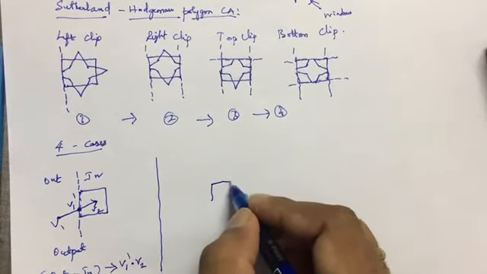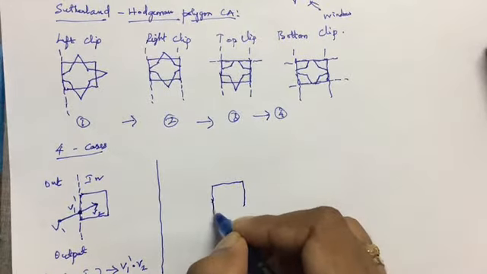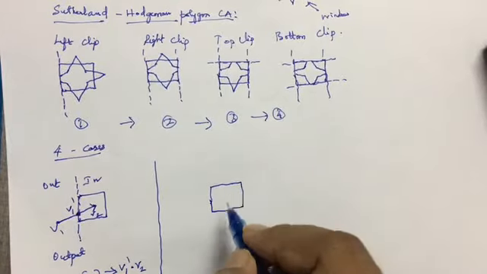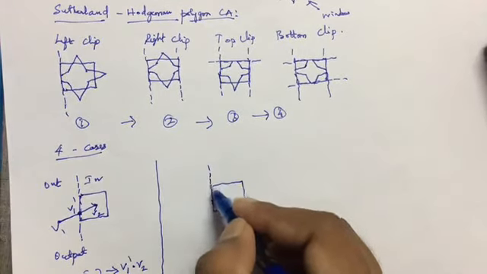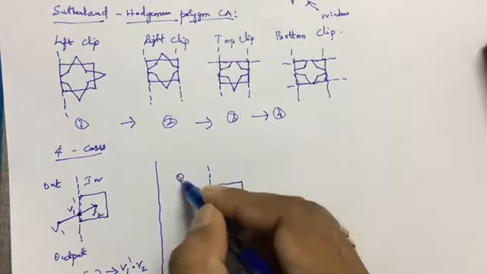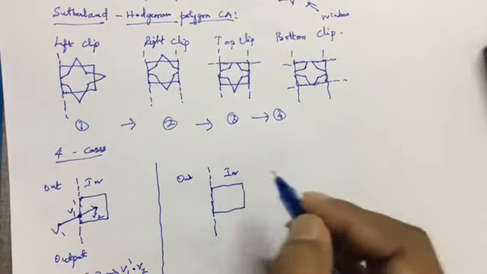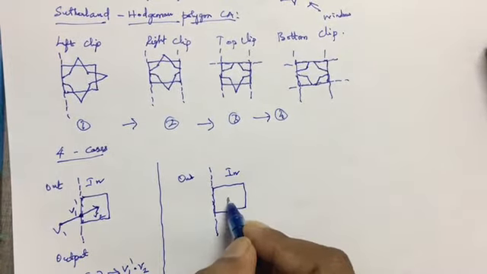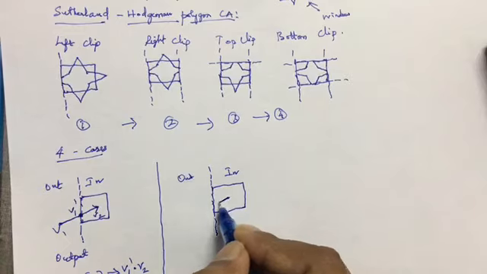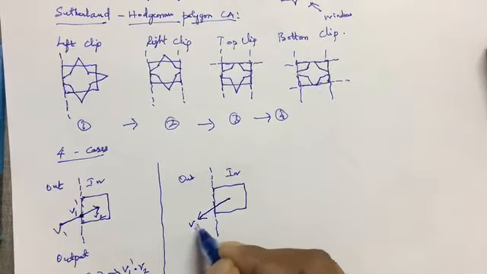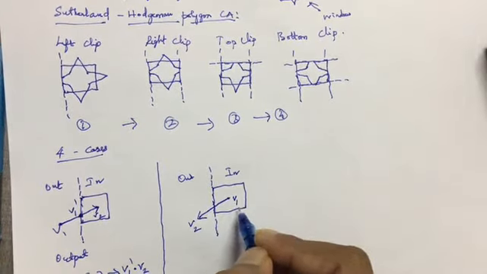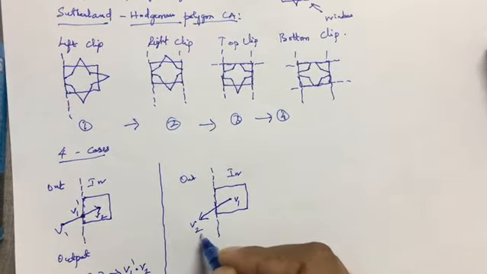Second case. Again, margin, outside portion, inside portion. In this case, the line originates from inside to outside, so this is the originating point and this is the end point.